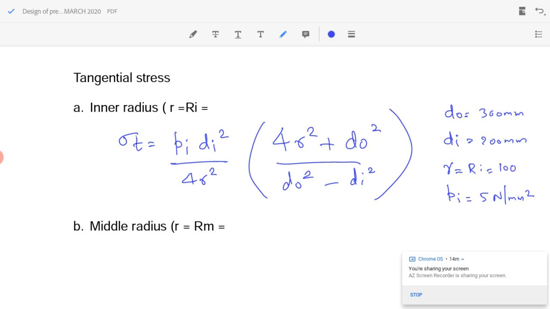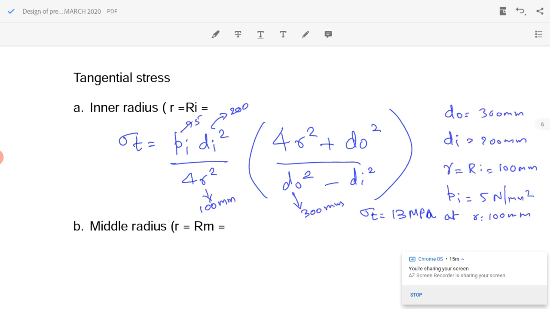So substituting R equal to 100 mm, Pi 5 Newton per mm square, internal dia equal to 200 mm and outer dia equal to 300 mm, I can get sigma T equal to 13 megapascal at R equal to 100 mm.